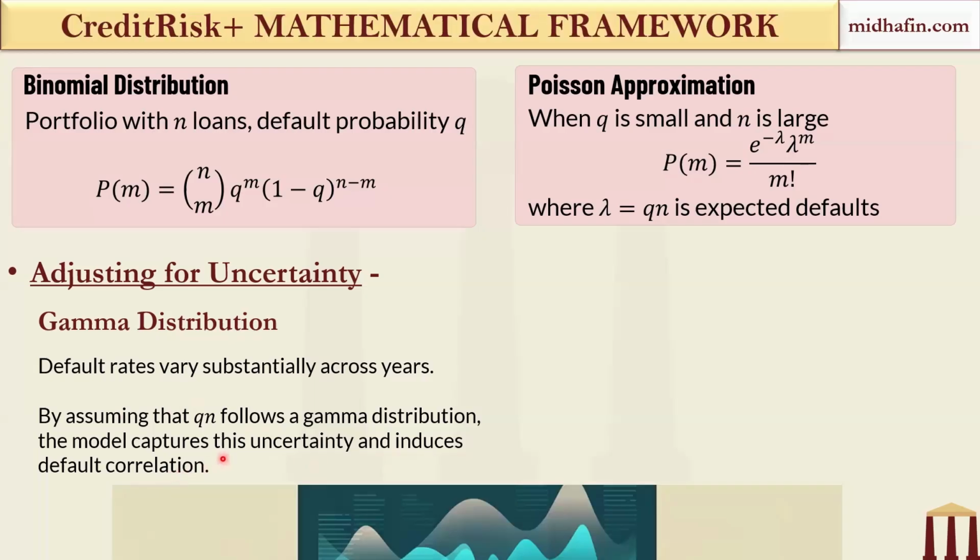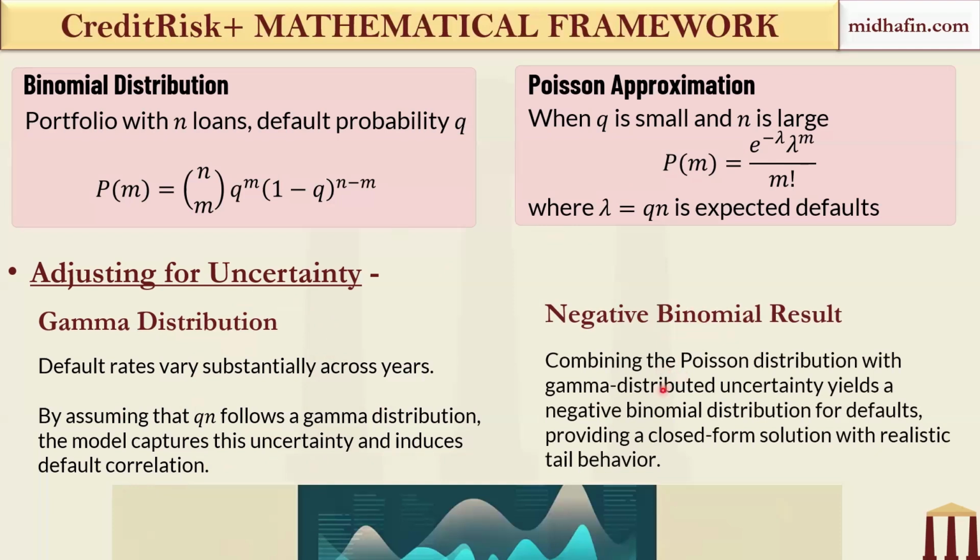Now, if you combine a Poisson for defaults with a gamma distributed uncertainty for lambda, you end up with a negative binomial distribution. It gives you a closed form solution which captures realistic fat tail behavior, which means that with this negative binomial distribution, you will have higher probabilities of extreme loss events, just like we observe in real credit data.